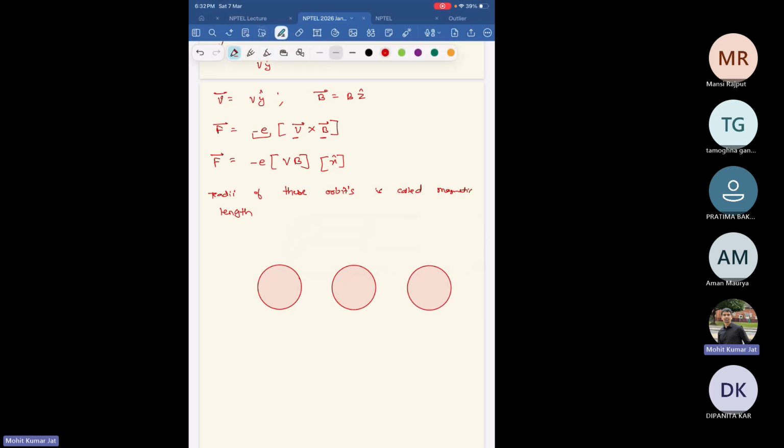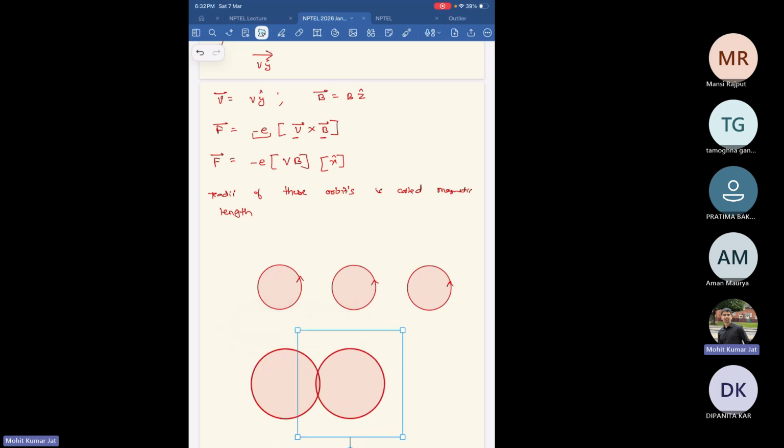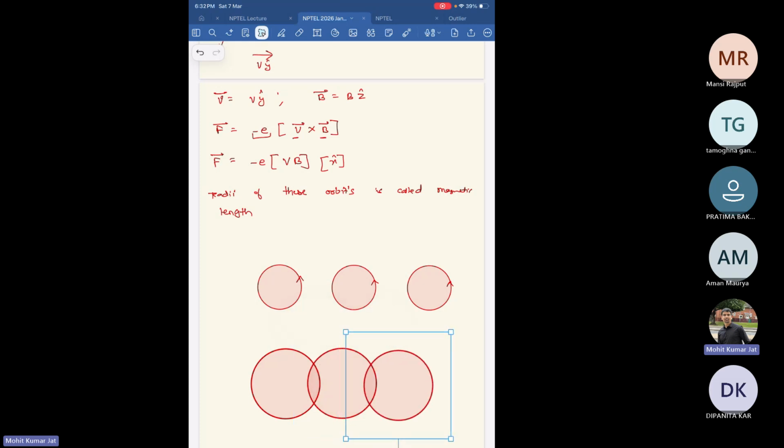Then there is not an issue, right? They are independently revolving in their region. But the thing becomes interesting when your magnetic field is small. In those scenarios, these orbits might intersect also, because now the magnetic field region is large.